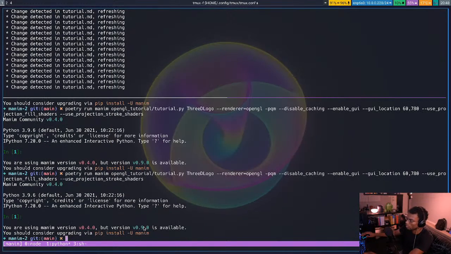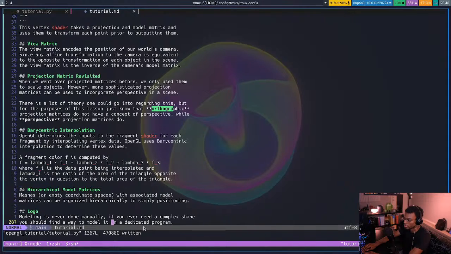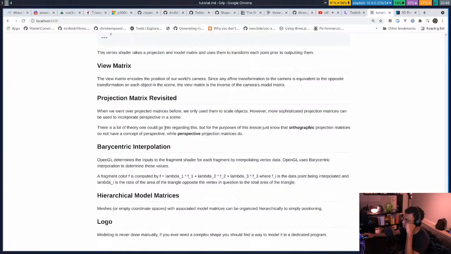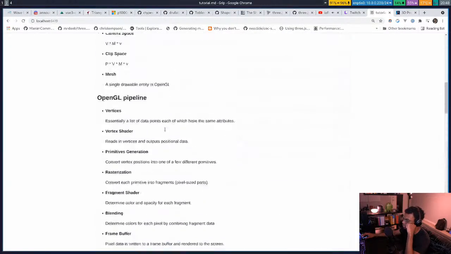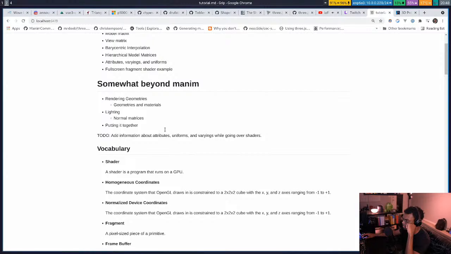Cool. And I think that's more or less all the notes I'm going to need, or all the notes that I want to have along with this. There's still a lot I have to do though. I'll probably want to talk some about geometries and materials, probably some about lighting.